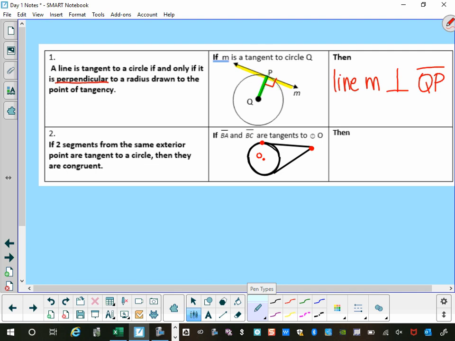So there's a point of tangency, point of tangency. And they called it BA and BC. So that B goes in the middle. What they're saying is that you have two tangents with the same exterior point. So B is my exterior point. Those two segments are congruent. And so then we can say that BA is congruent to BC.